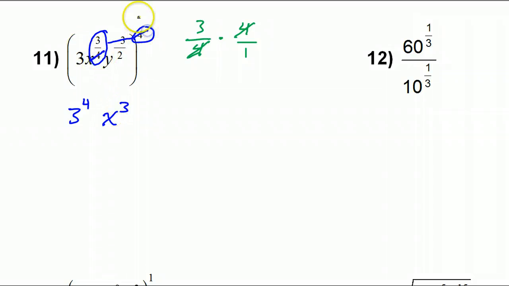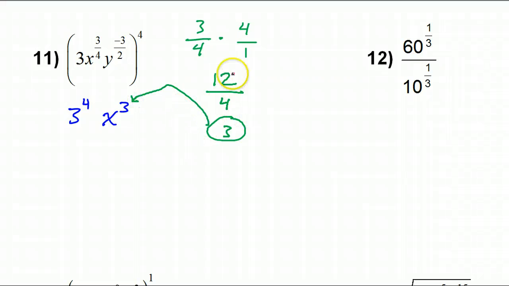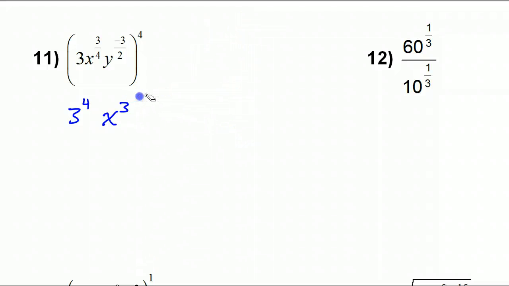Now, if you don't like that, then you're probably one of those who like to think of it this way. 3 times 4 is 12. And then 4 times 1 is 4. So then 12 divided by 4 is 3. Alright, either way you get the same thing, but your way is longer, so my way's better. Sorry. Anyway, x to the 3rd power.